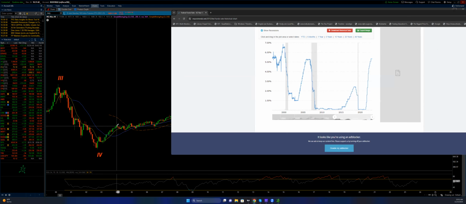And what are we looking at? 2003, March, April, May, June, July, September. But all the way down to September, October of 2002, they dropped from 6.5 to 1 3/4.